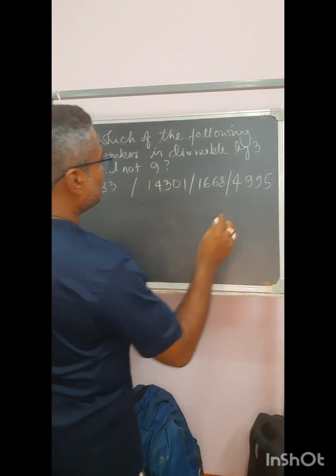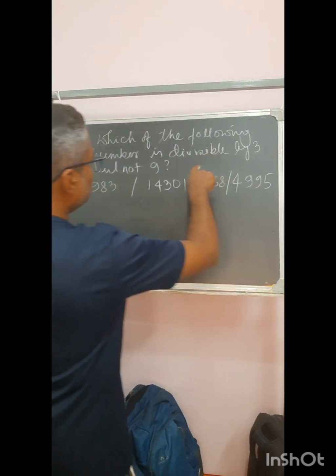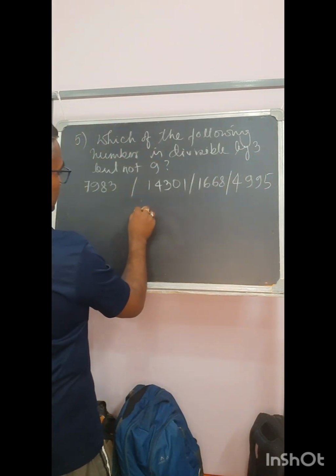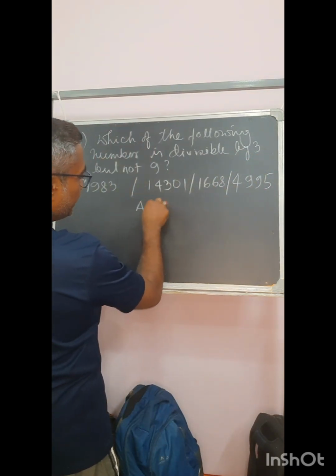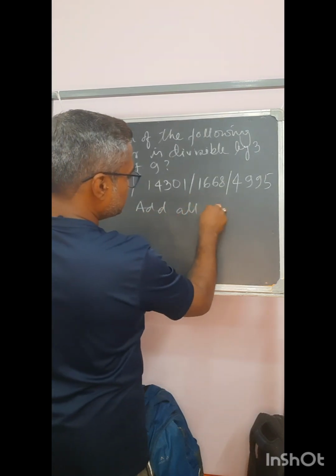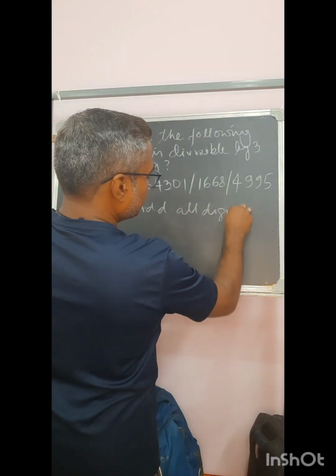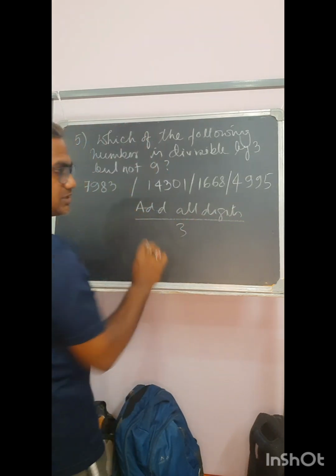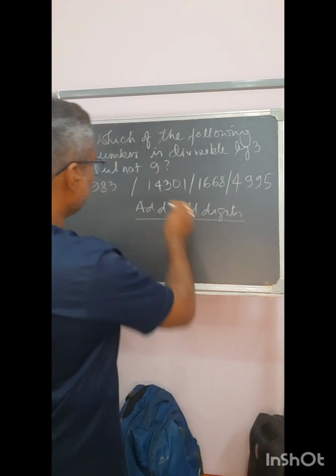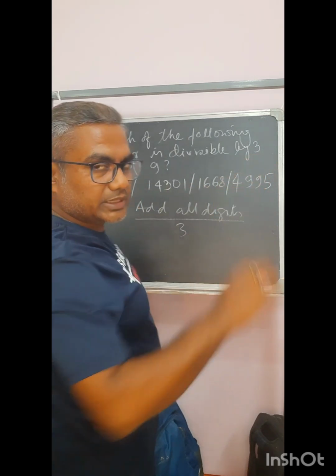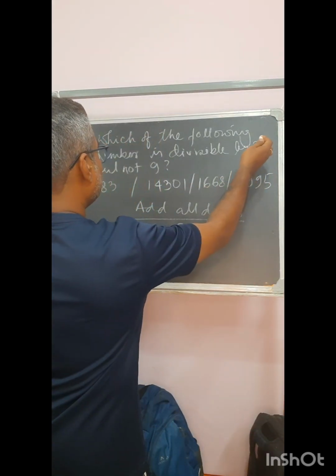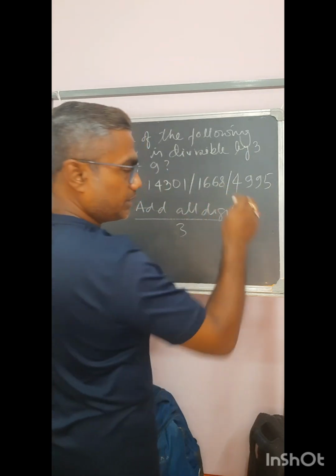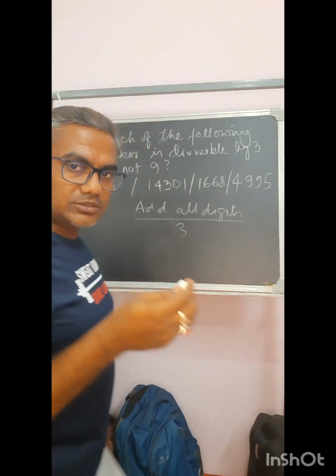So my concept is that for divisibility by 3, the theorem says if we add all the digits, and if the sum is divisible by 3, then the number is divisible by 3. To simplify the length of the calculation, otherwise you can straightaway go and divide all these numbers and it will be a big process altogether.